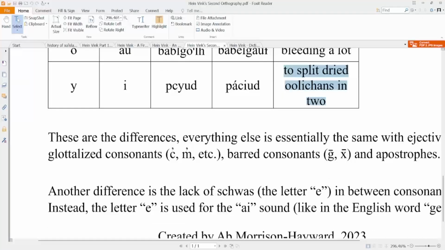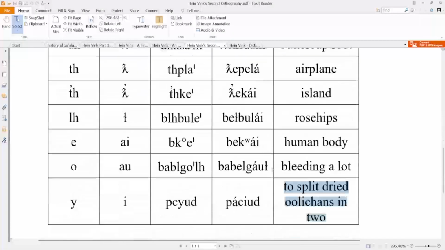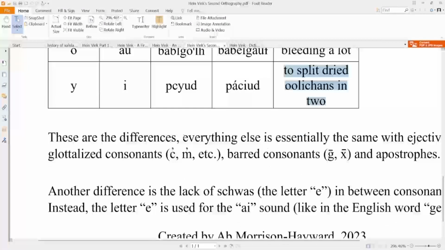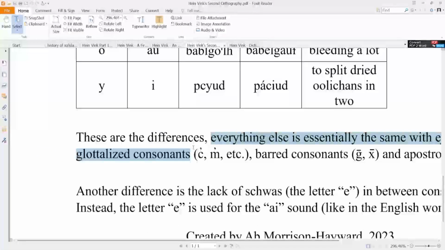So these are the differences between HV2 and the hybrid orthography spelling. Everything else is essentially the same with ejective and glottalized consonants, which are the consonants that have apostrophes on top of them. And the barred consonants are the same.